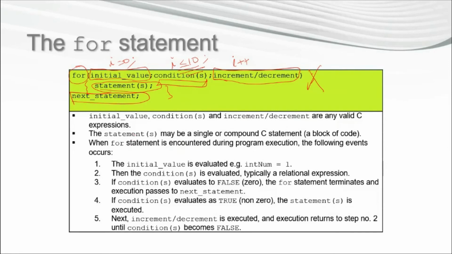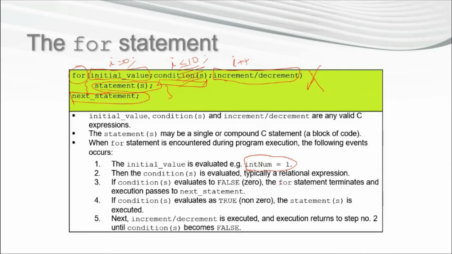First, the initial value is evaluated. For example, int num equal to 1, so this is evaluated first and the variable is initialized to 1. Then the condition is evaluated. Typically, it is a relational expression.